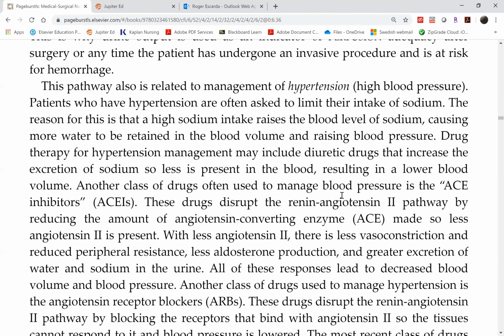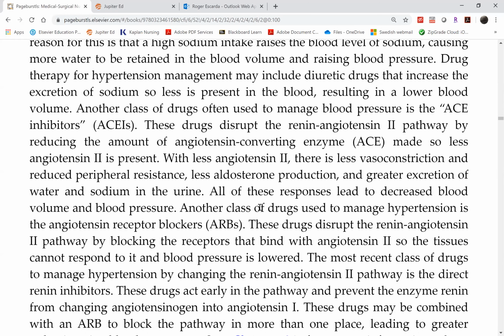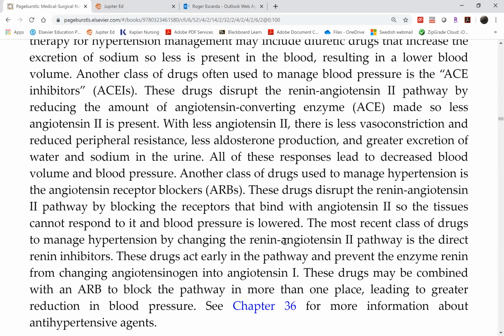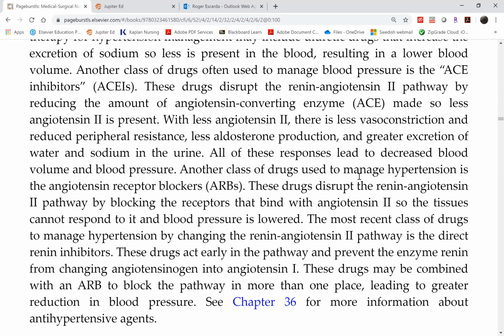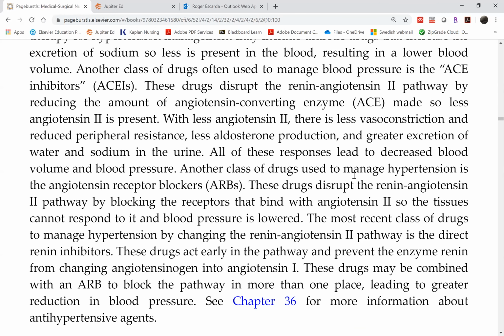Although it will help a patient who is dehydrated, the same regulatory mechanism or compensatory response might be disastrous in a patient with another condition. So please read it. We'll discuss this more under chapter 35, but it's good to read it now. But for exam 1, we're only looking at fluid and electrolytes.